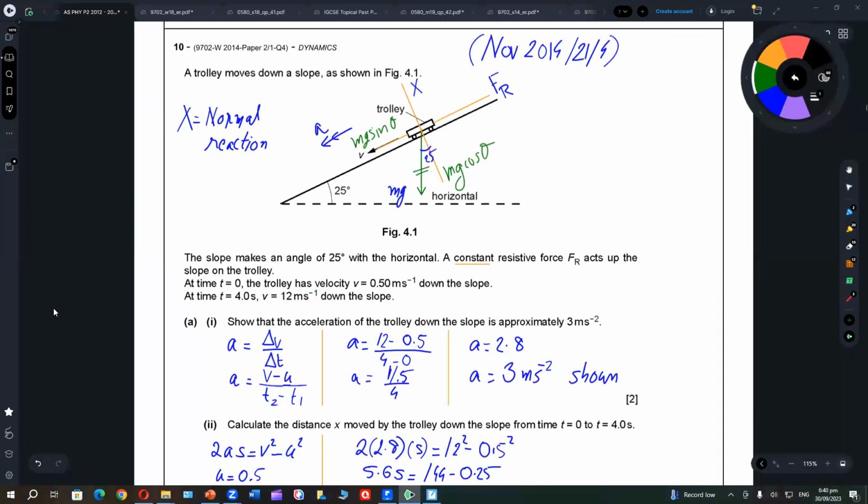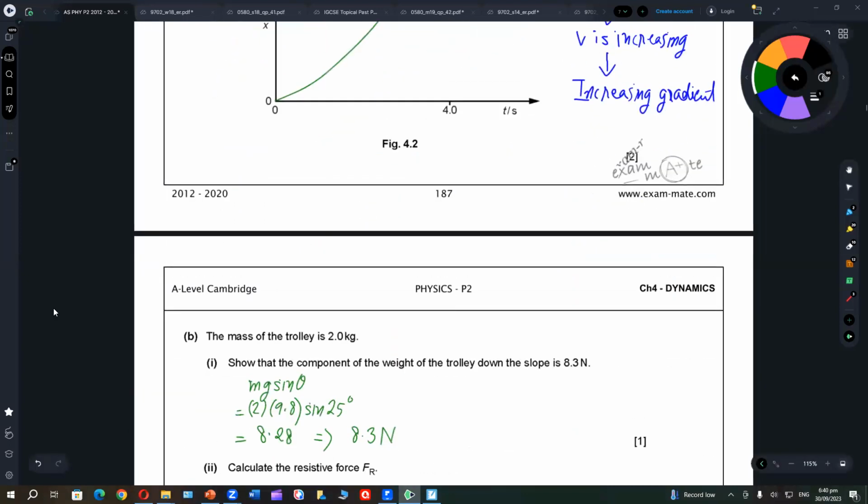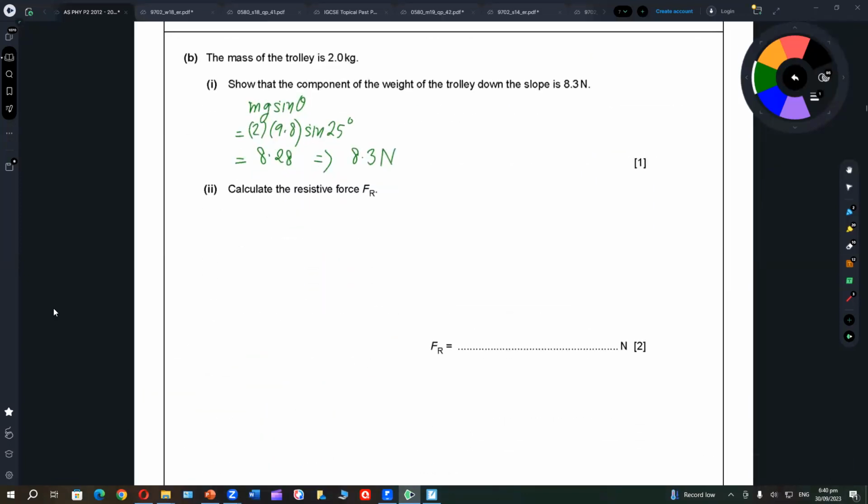The object is going downward, so I will use the approach: we subtract 8.3 minus the resultant force. Resultant force is equal to greater force minus smaller force.